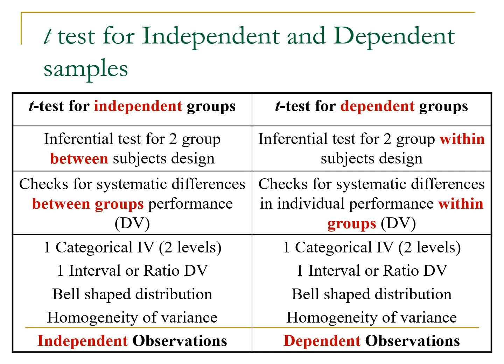It checks for systematic differences between the groups on performance, some form of DV. Some of the assumptions are a categorical IV with two levels, an interval or ratio dependent variable, a bell-shaped distribution of that dependent variable, and homogeneity of variance, where we compare not the midpoint, but the distributions of those two different groups.